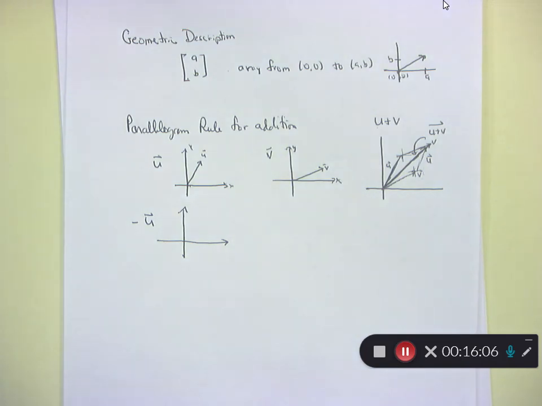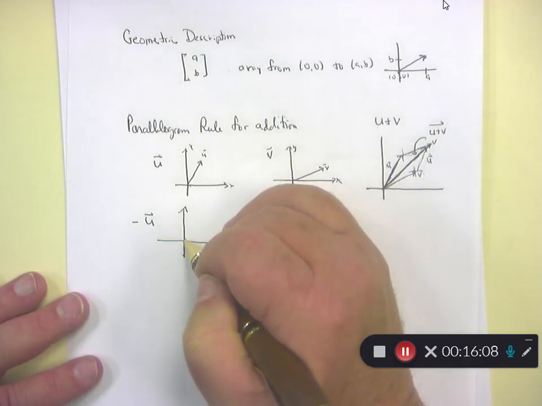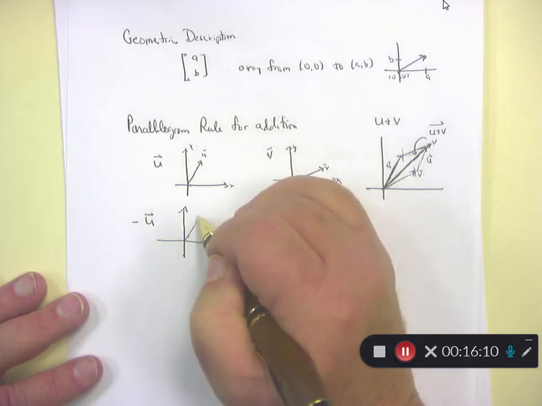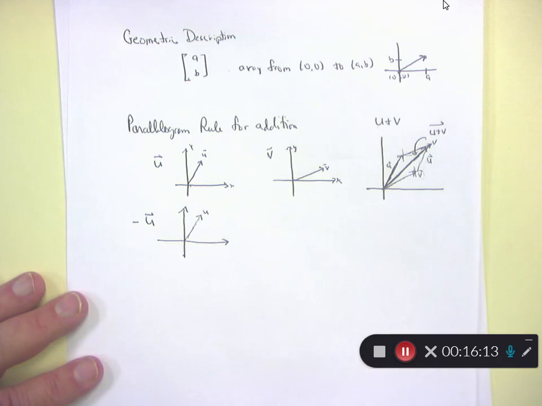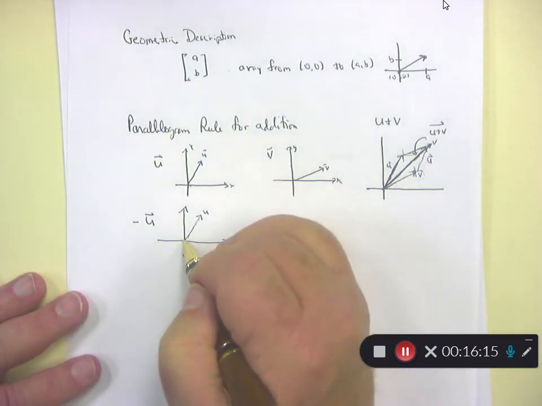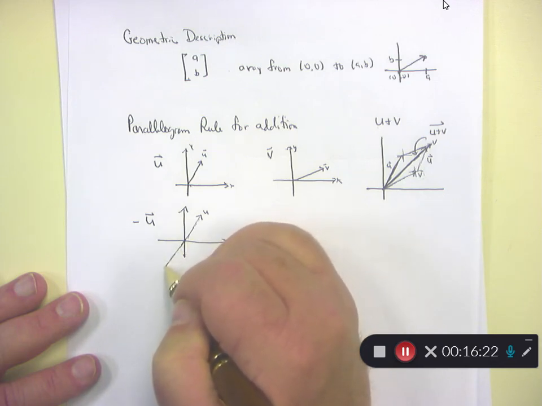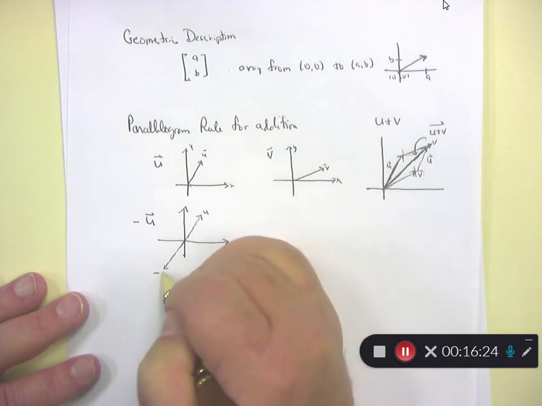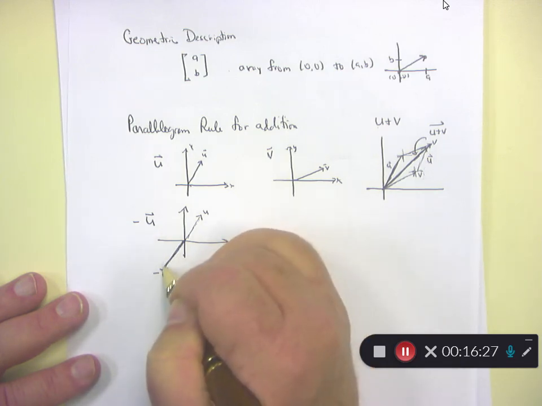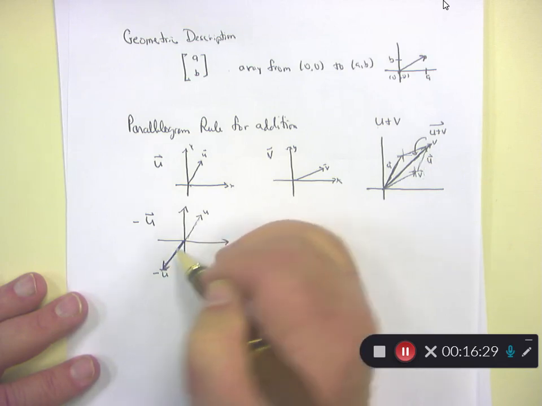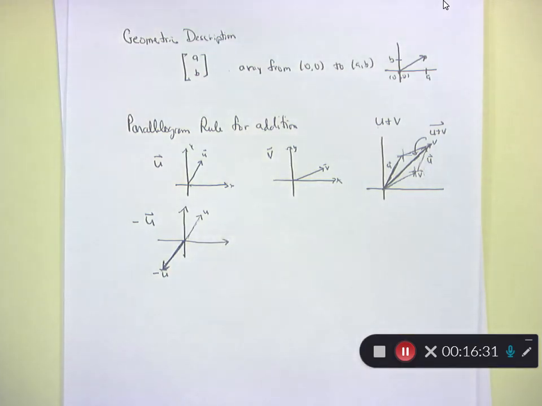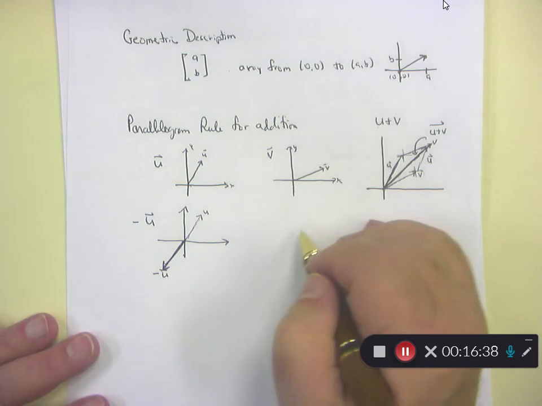So, over here, if this was vector U, I'm going to draw him in there just like I did before. This is vector U. Where would negative U be? Negative U would be taking this guy right here and making all the components negative, so it's 180 degrees at the same length right here. This would be the negative U vector. Opposite direction, 180 degrees opposite, but the same length. Does that make sense?